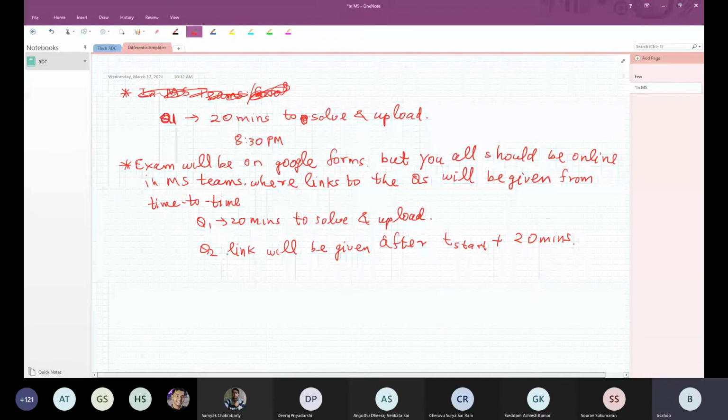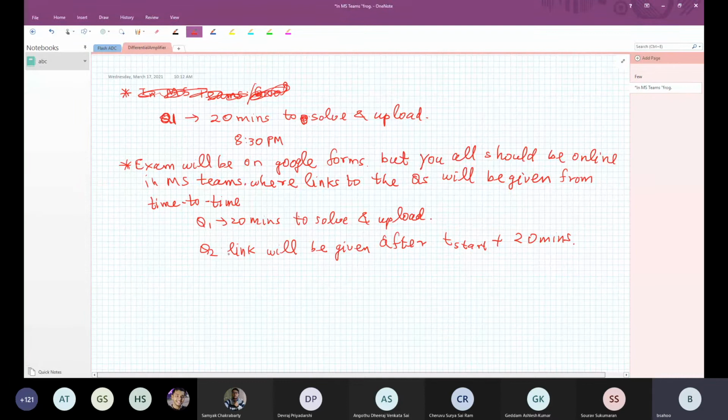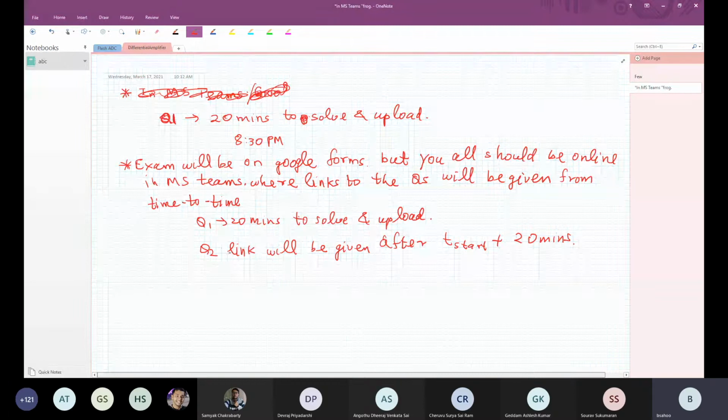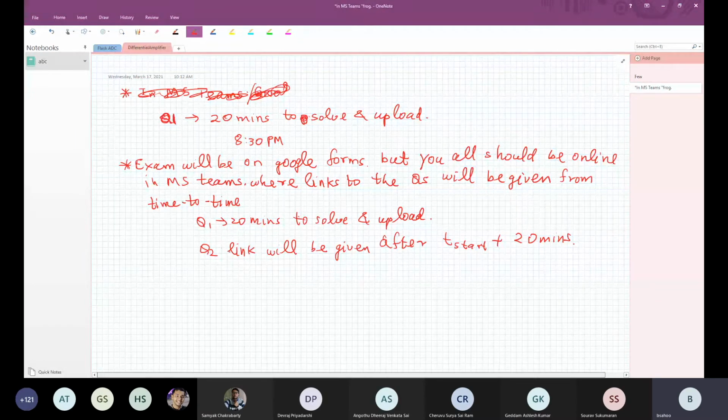Okay, I have to be very serious on this aspect because otherwise you will start copying, and there can be chances of sharing over WhatsApp or whatever it is. So I have to make sure that doesn't happen.